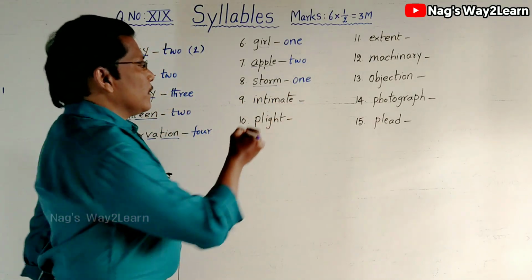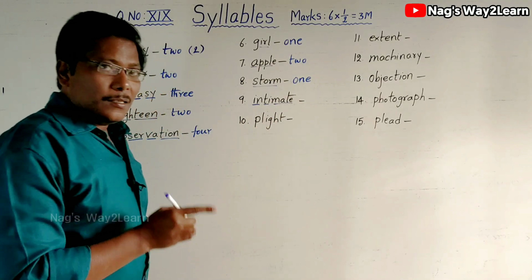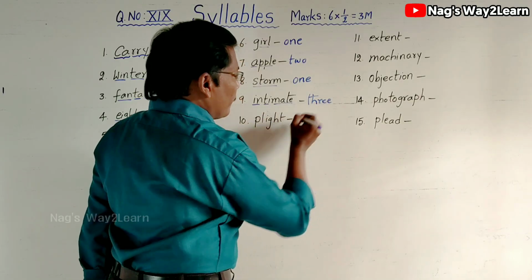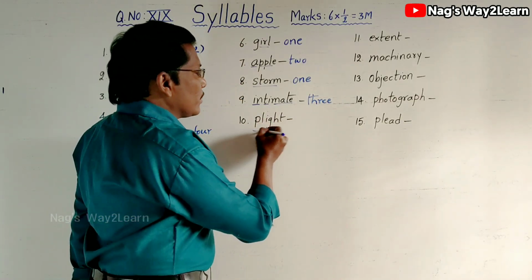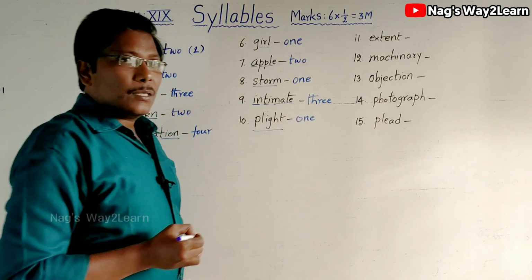And intimate, that means there are three syllables in this word. Next, plight, so this is a single sound, single word, so there is one syllable.